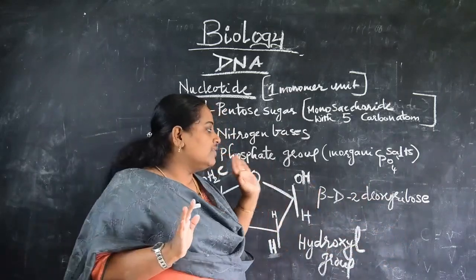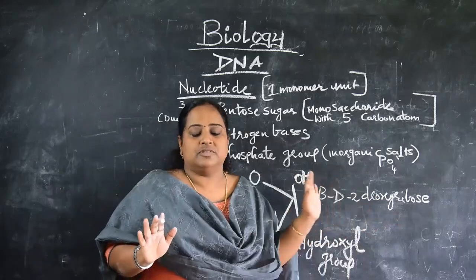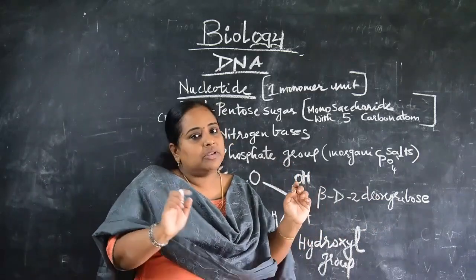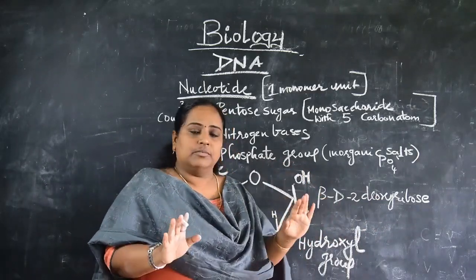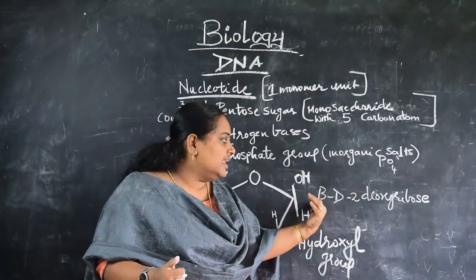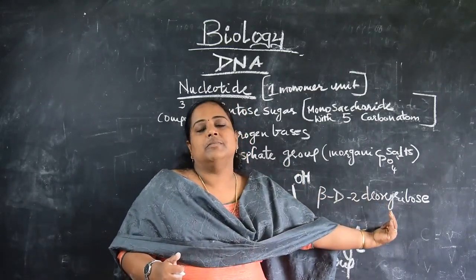In RNA it will be beta-D-ribose. Beta-D-ribose in RNA, and in DNA it is beta-D-2-deoxyribose.